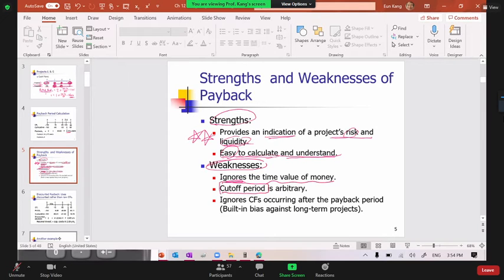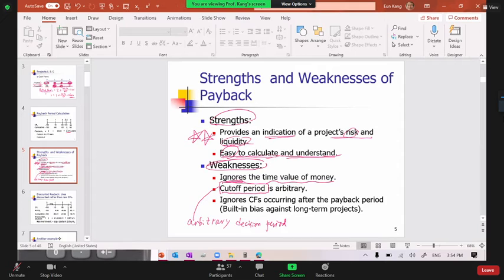That is what? That is an arbitrary decision, like a period. That means what?